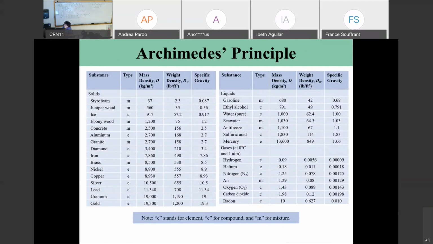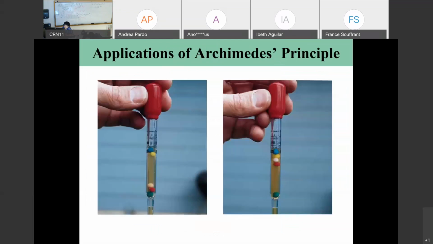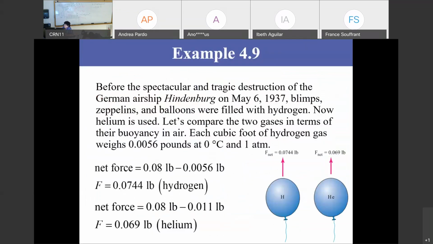So that's why there will be less weight, more force going up. The buoyancy doesn't change because the buoyancy depends on air, and both balloons are in air. That's why the force on the balloon full of hydrogen is larger.